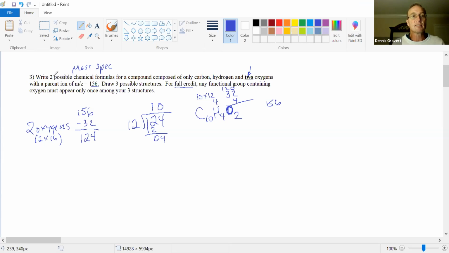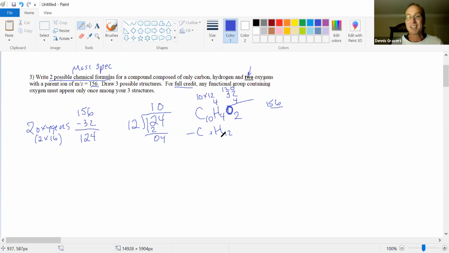And besides, the question's asking me to propose 2 chemical formulas. So one trick you can use is, hey, let's bring in more hydrogens. We can't change the mass. It still has to add up to 156. So the cool trick is you can bring in 12 hydrogens if you subtract 1 carbon. Carbon weighs 12, and 12 H's also weigh 12.